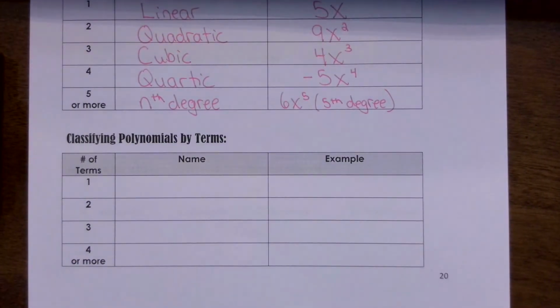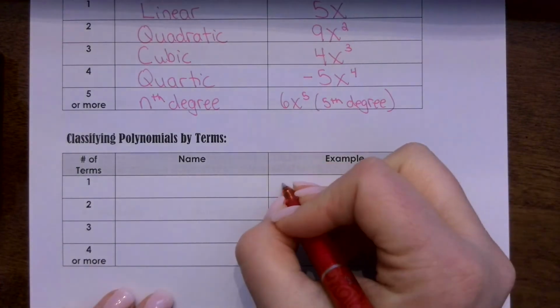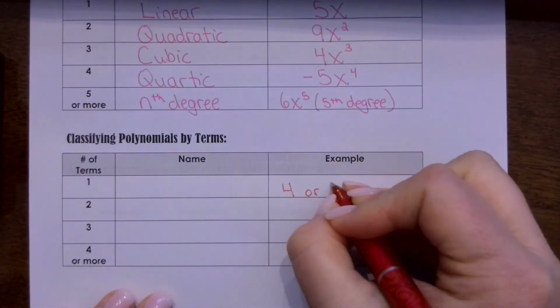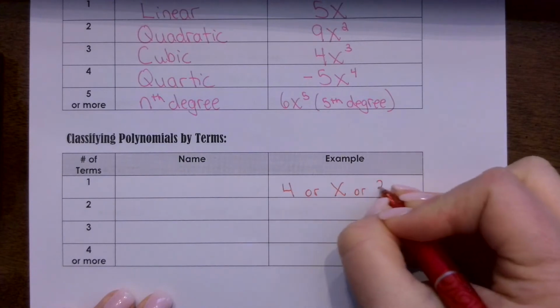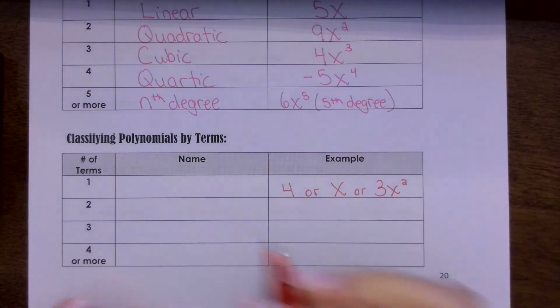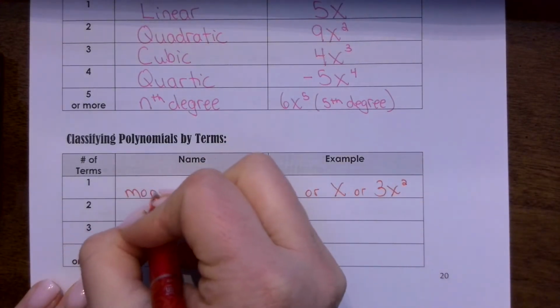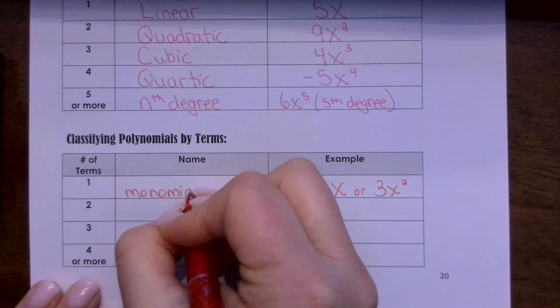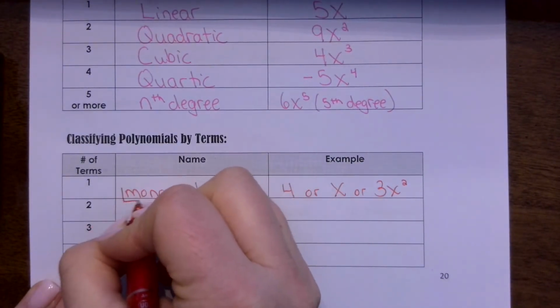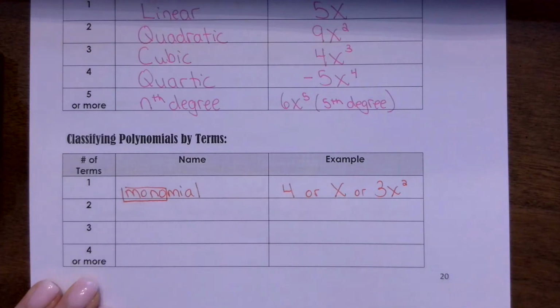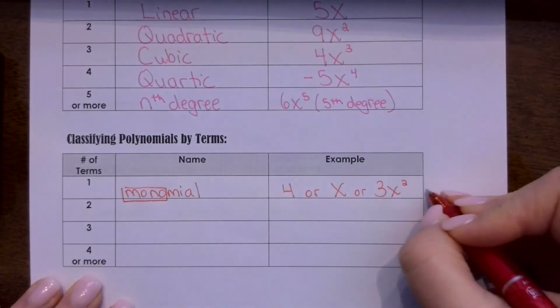Classifying your polynomials by term is where we're going to really talk about that word polynomial. If it has one term, for instance, maybe like a 4 or an x or a 3x squared, that is called a monomial. And the nice things about these words is they have within them their meaning.